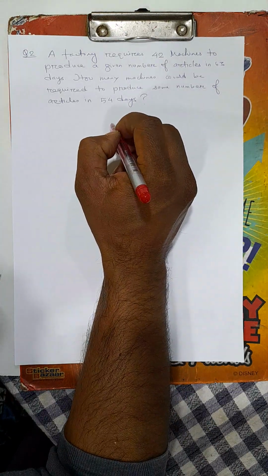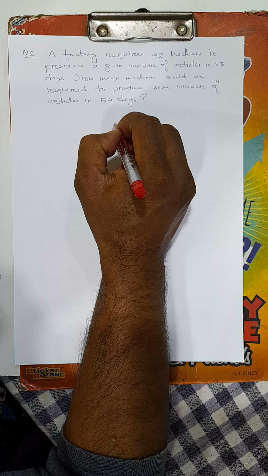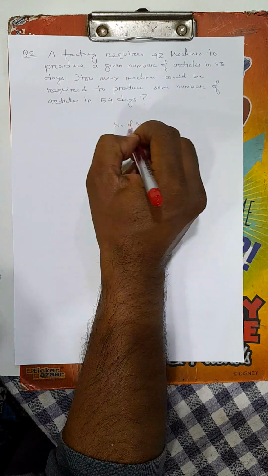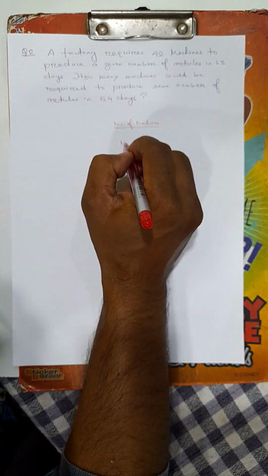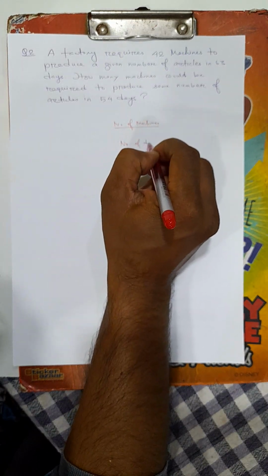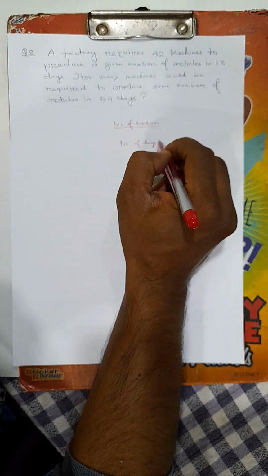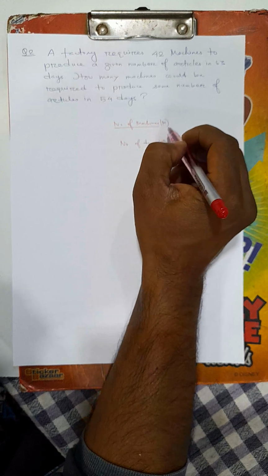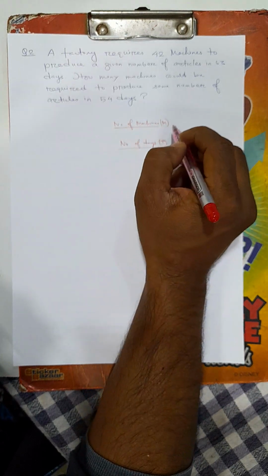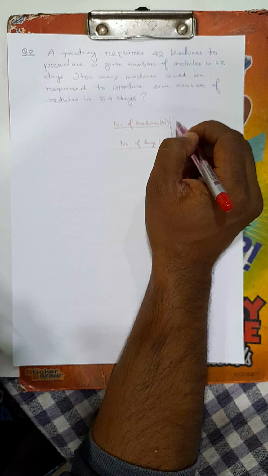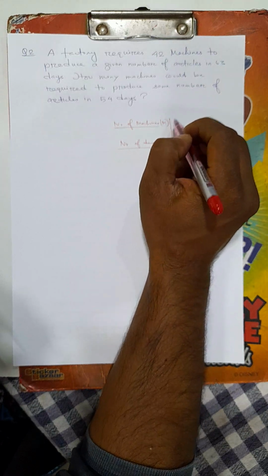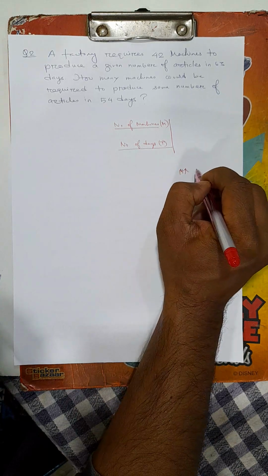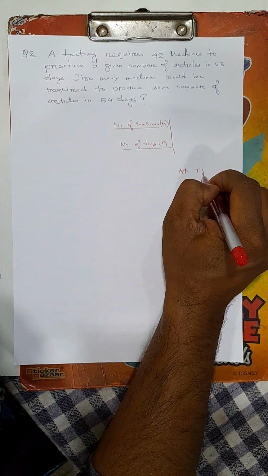You are given here two things: the number of machines, which we denote M, and the number of days, that is time, T. Now when the number of machines increases, that is when M increases, the time taken decreases.